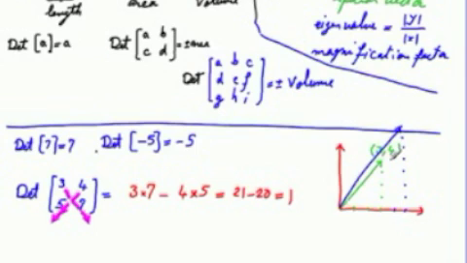Now if I go ahead and make this rather thin parallelogram and try to calculate the area of it. So this was 3, 4, this is 5, 7.